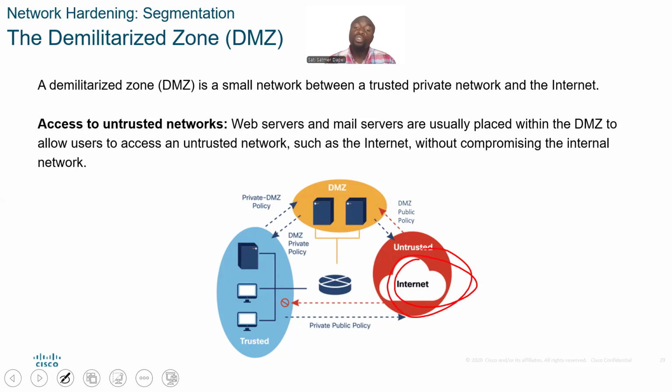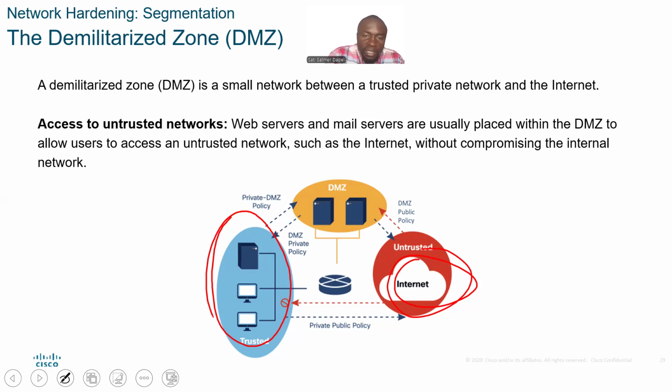Because we do not know the traffic that is going to come. We don't know everybody there. So we just say it's untrusted. Then we have our local area network, our LAN, which is trusted. So we know that one, so it's trusted.